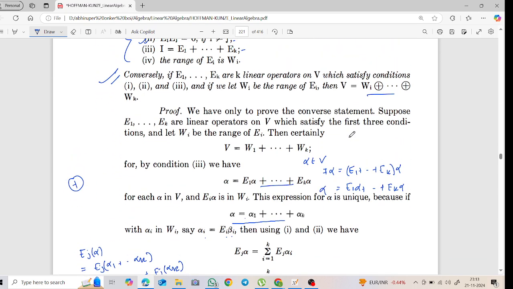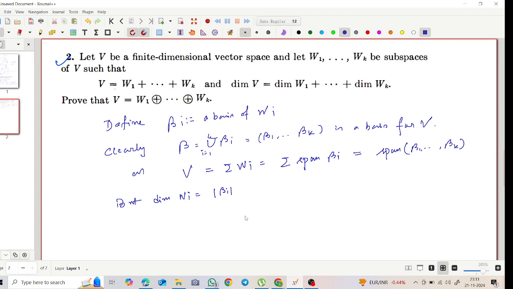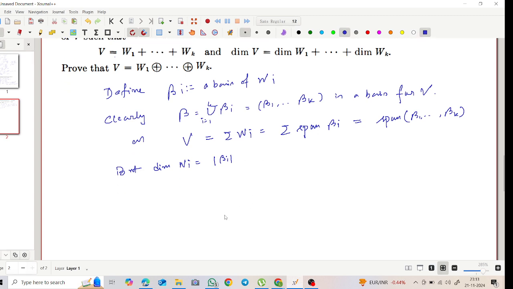So can we show these things? Can we show these things? I mean this 1, 2 and 3. If we define, say, for any vector V, there exists alpha 1 to alpha k, alpha i belongs to Wi, right? As V is this, but is this representation unique?